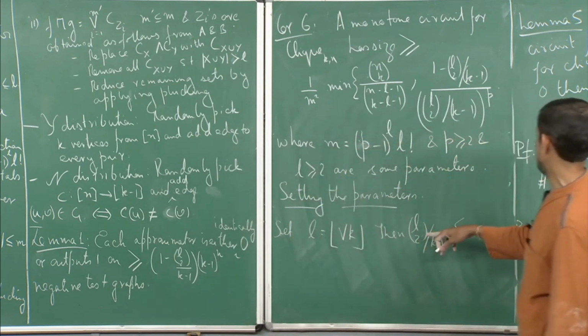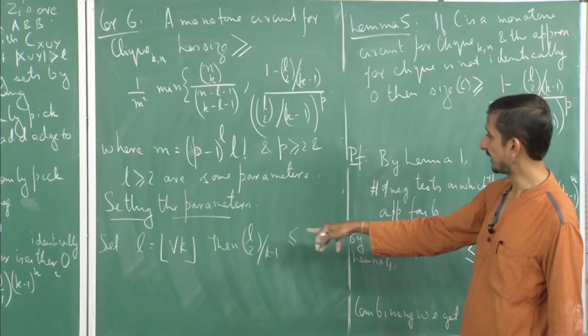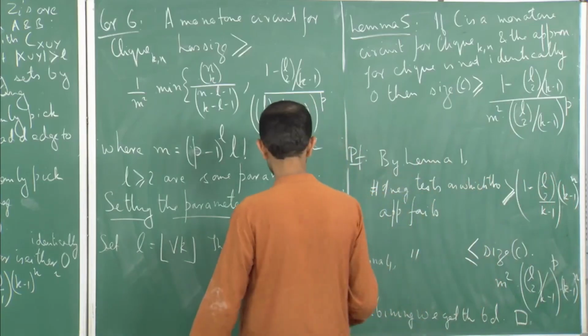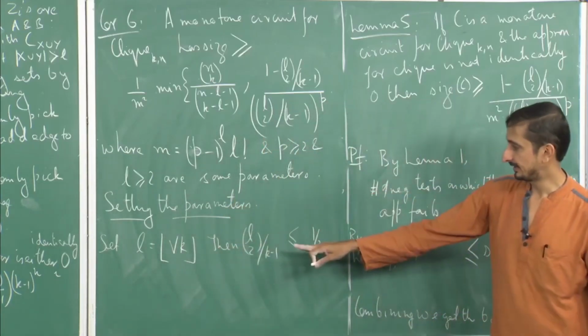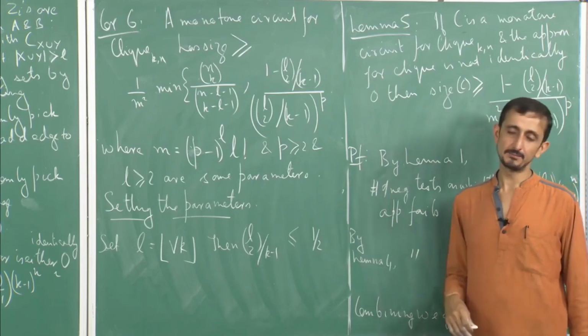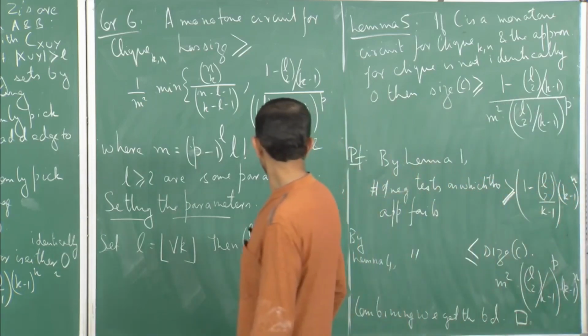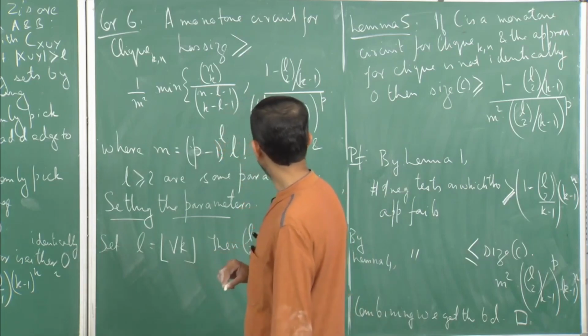L is, well, L square minus L by 2. So L square minus L is k minus root k by 2. So this you can show as less than or equal to half actually. So k minus root k divided by k minus 1 is less than or equal to 1. Okay, so this is one part of it. So this is what we get.